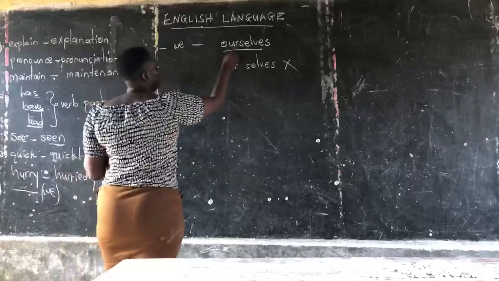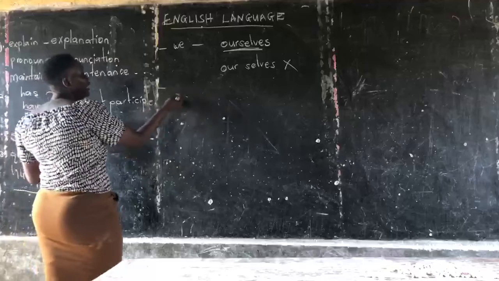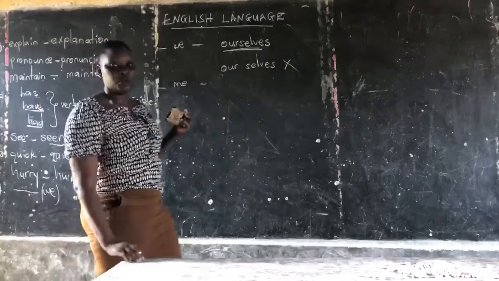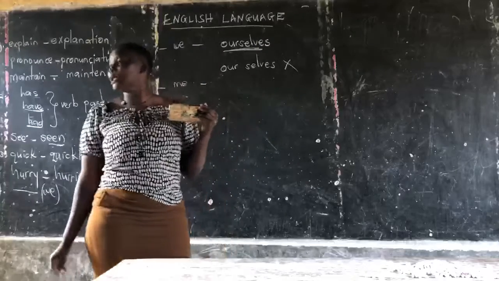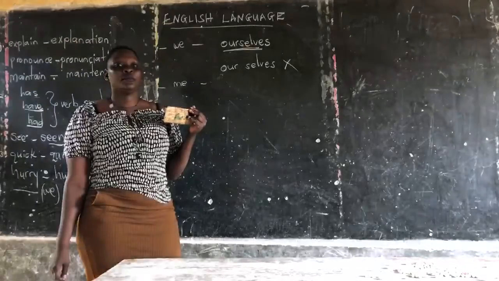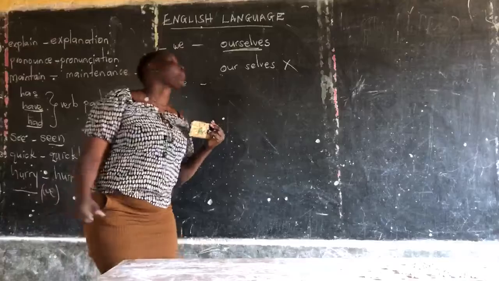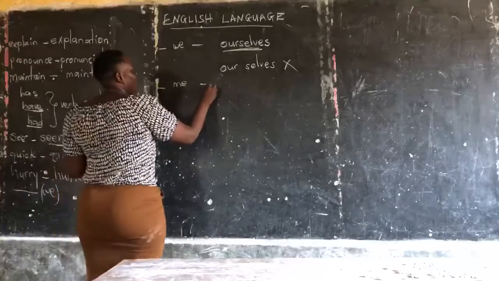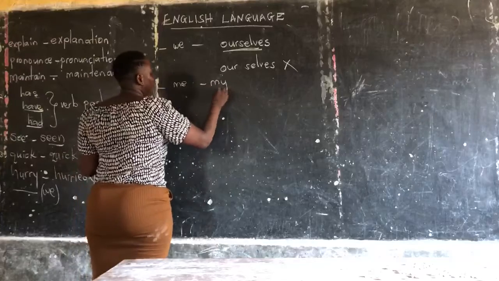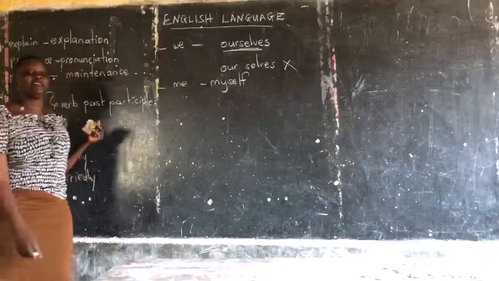We have to say ourselves. It is like me. The examiner will play with you and give you the word me. When you have me in brackets, you say, I did the homework myself.